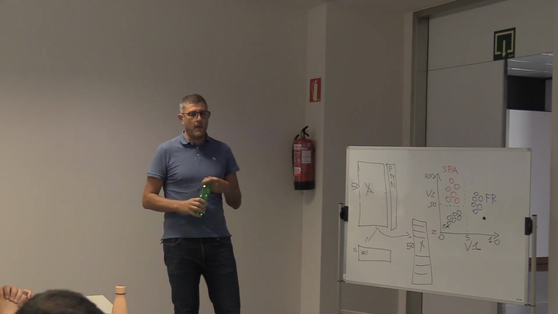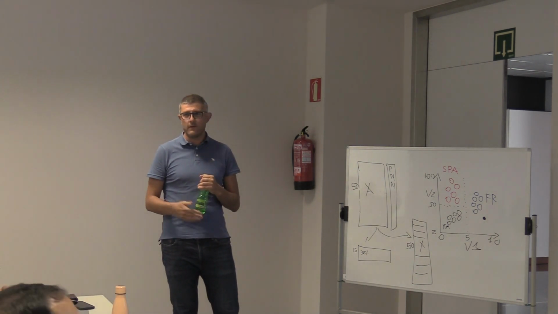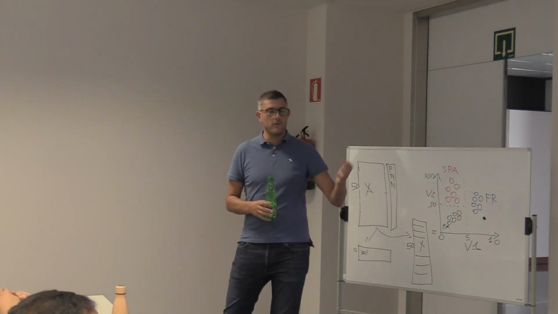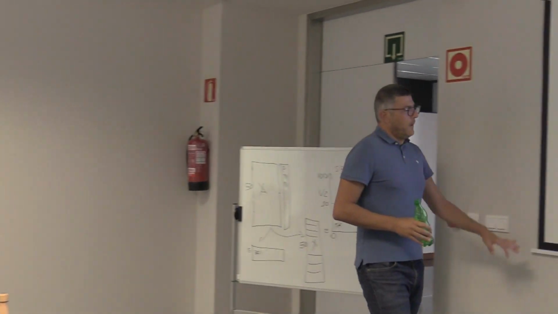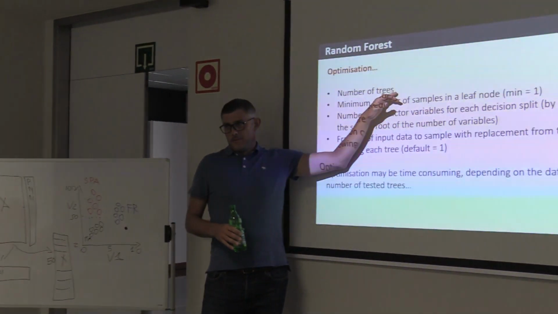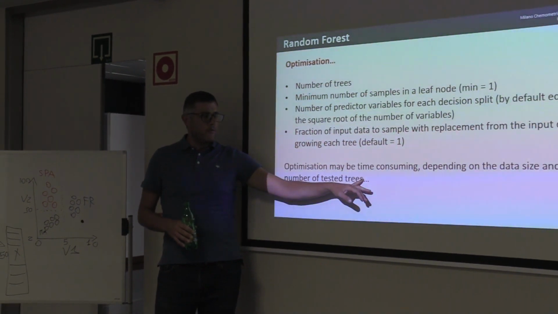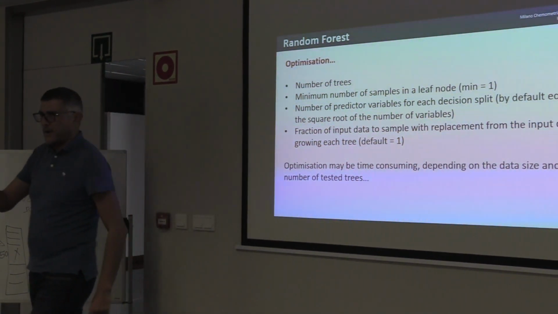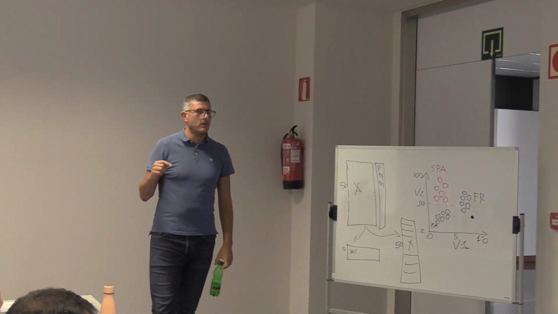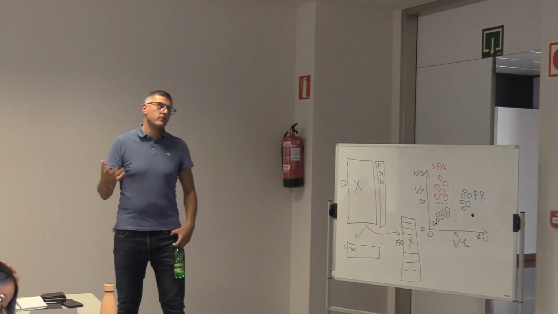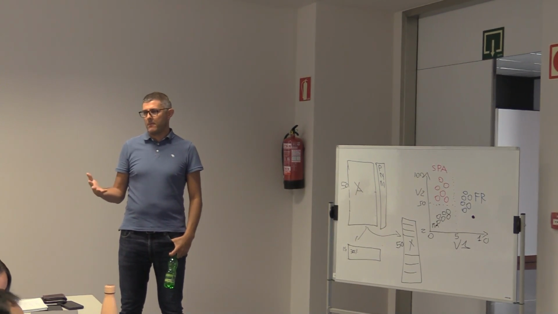If your classes can be easily separated, maybe few trees are enough. Of course, the higher the number of trees, the higher the computational time you need for the calculation, okay? And from a computational point of view, it can require some time, okay?